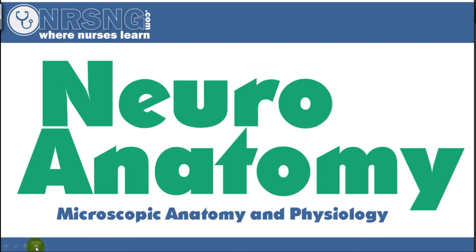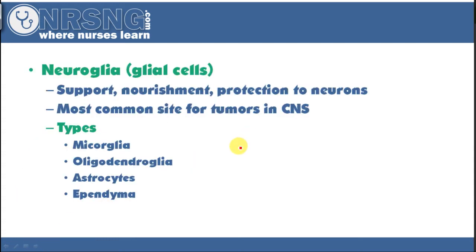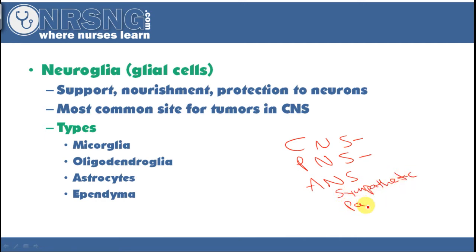All right? So first, what we're talking about with the neurological system is there are different components of the neurological system, right? We know that we have the CNS, we have the PNS, and we have the ANS. This is the central nervous system, and then we have, of course, our peripheral nervous system, and in the ANS we have our sympathetic and our parasympathetic.